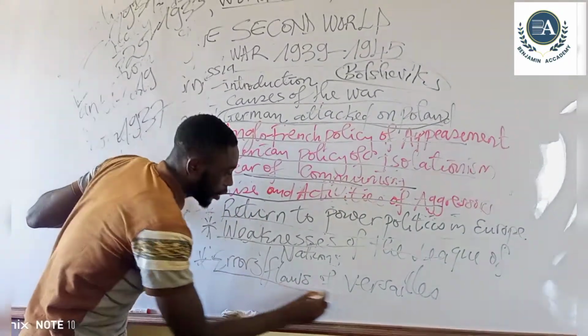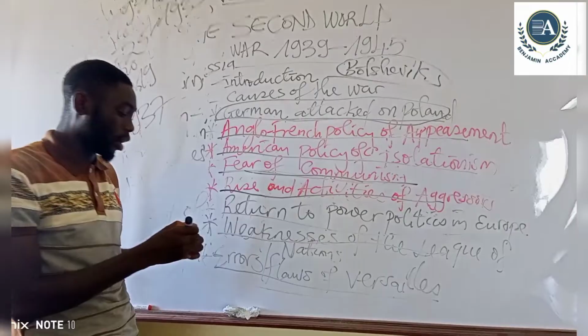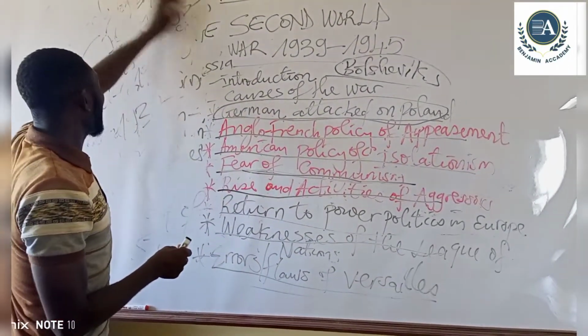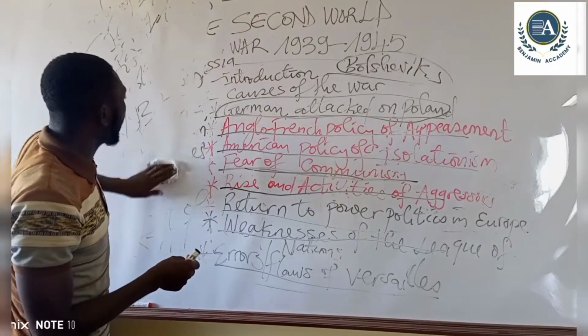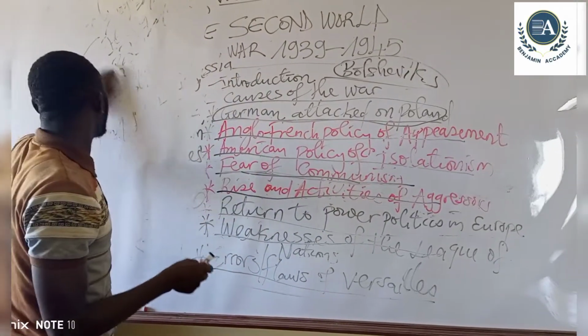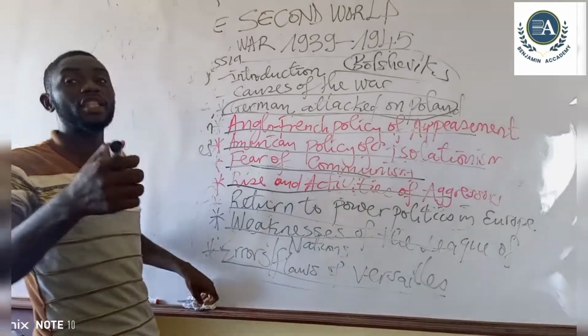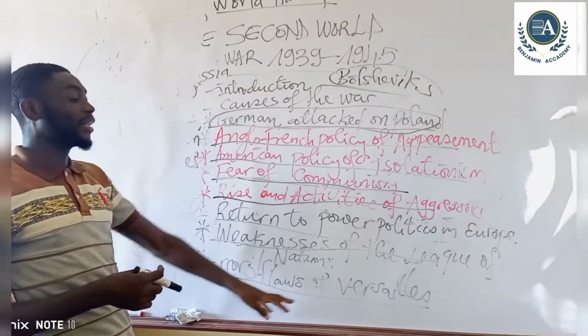Lastly, we can look at the errors or the flaws of the Treaty of Versailles. Let's look at it in a general perspective: the Paris Peace Settlement that led to the signing of treaties against the losers of the First World War had its weaknesses.